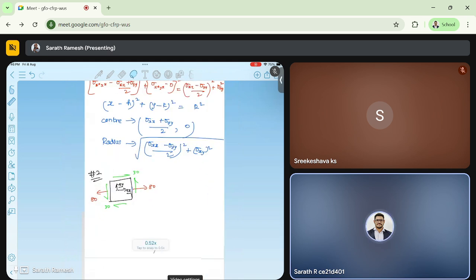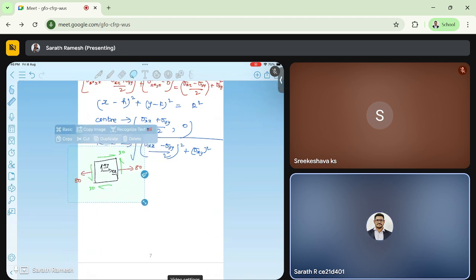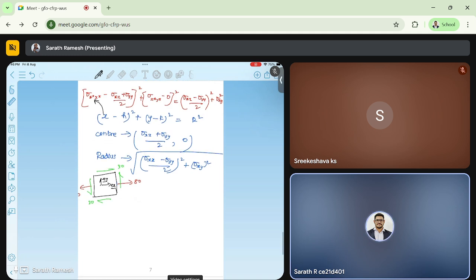Using these equations, let's do it. Here, first, the x-axis. My x-axis here is sigma x star or y star, the normal stresses, and the y-axis is the shear, sigma x star y star.